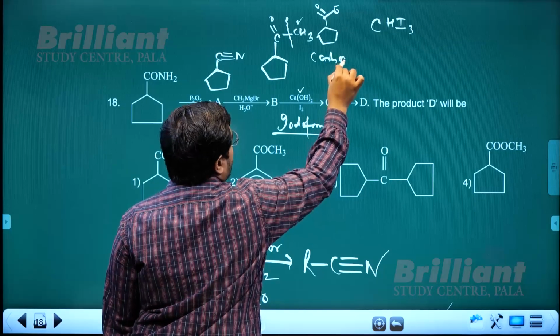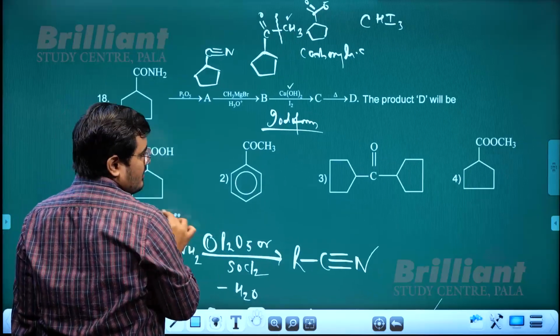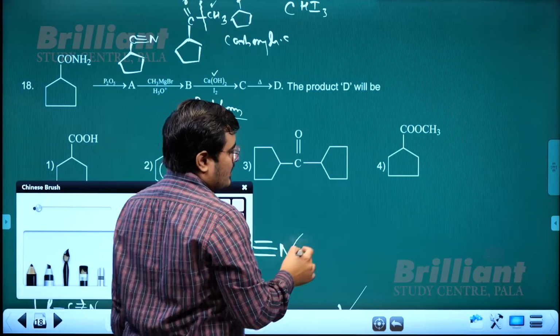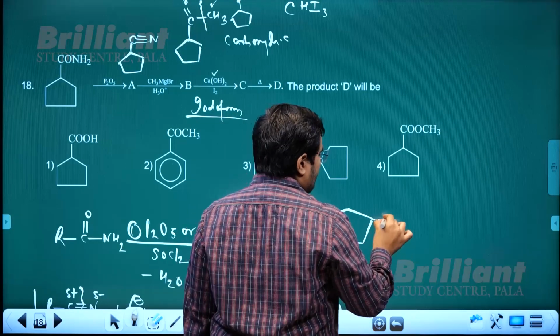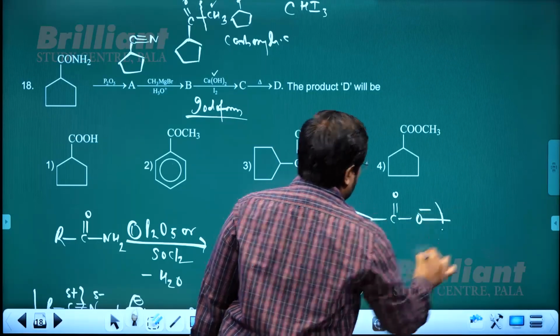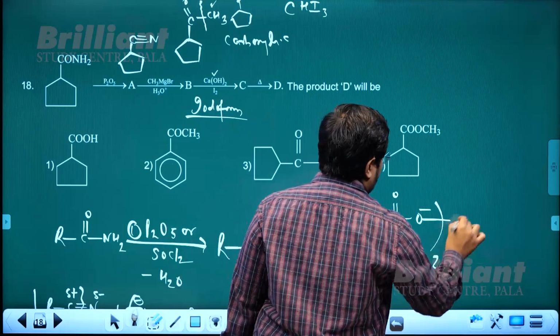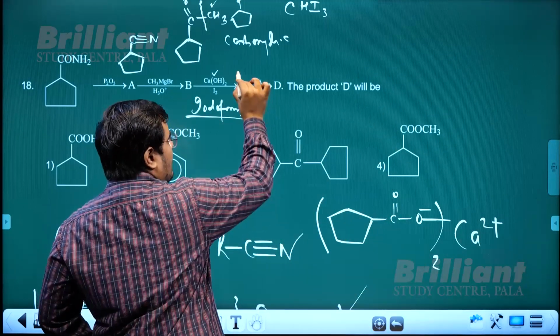Since it's a calcium salt, the final carboxylate will have this structure. Since calcium has a valency of 2, your final carboxylate will be C double bond O minus, with 2 times calcium. So this is our C.